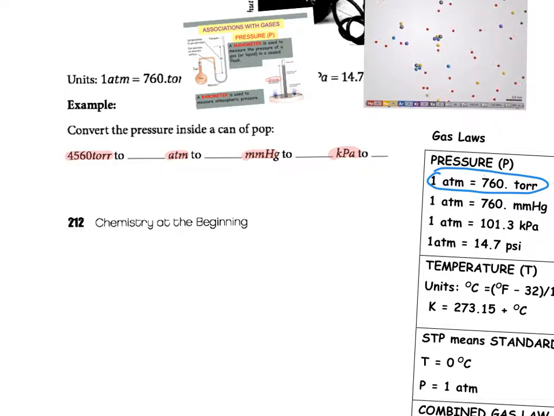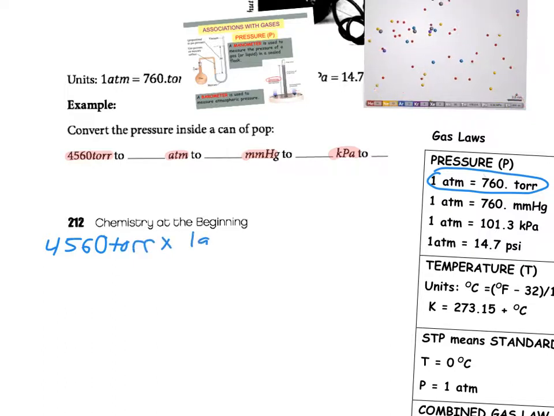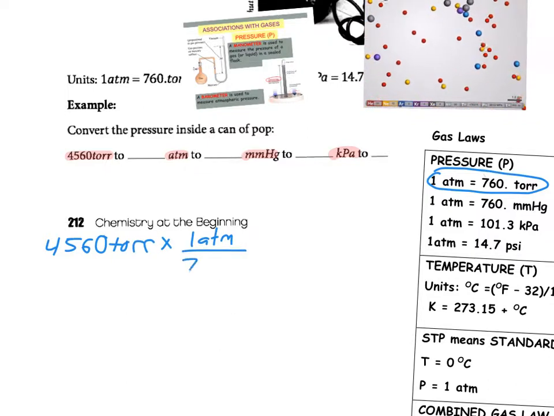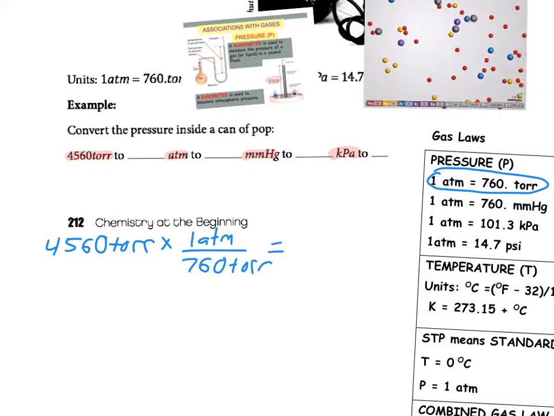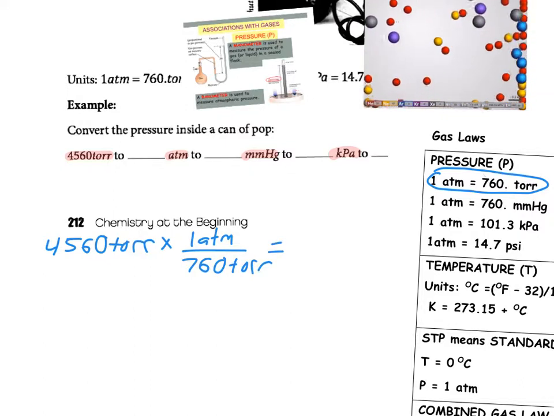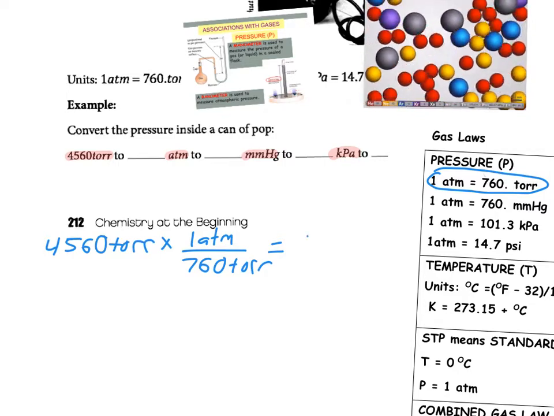To get started, I'm going to take my 4,560 torr, and because 1 atmosphere is equal to 760 torr, I'm going to set the problem up like this, and that allows my units to cancel. Then I get the pressure conversion to be 6 atmospheres.